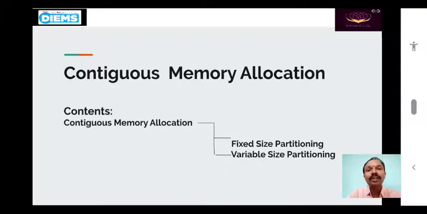Now in today's video, I am going to talk only about the contiguous memory allocation scheme. Now let us start. Contiguous memory allocation has basically two types. As we know, in the contiguous memory allocation scheme we store the data in the form of arrays, so we will be using fixed size partitioning and variable size partitioning.